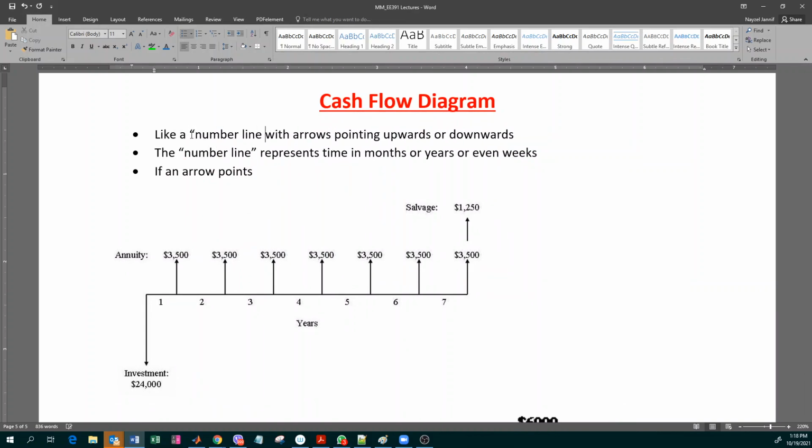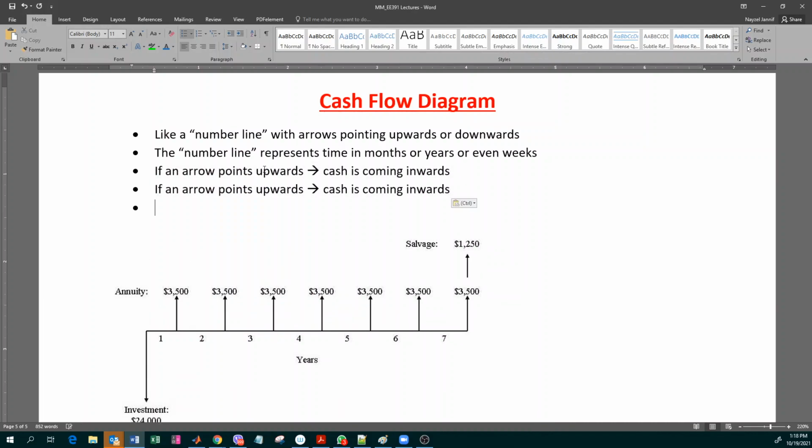So now, if an arrow points upwards, that means that cash is coming inwards. All right, cash is coming inwards. If an arrow is pointing downwards, cash is going outwards from the business or entity.